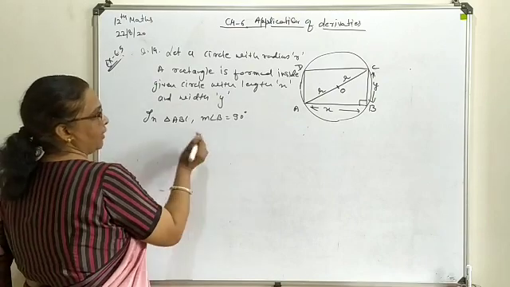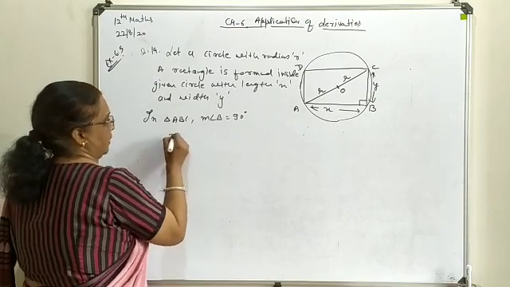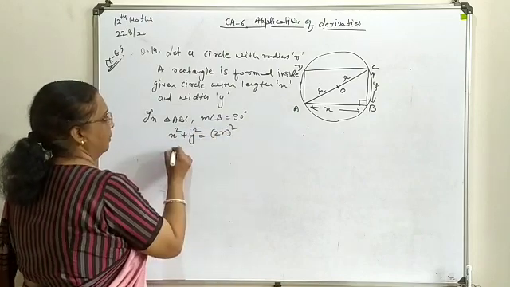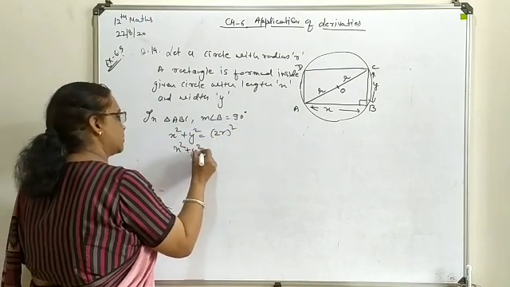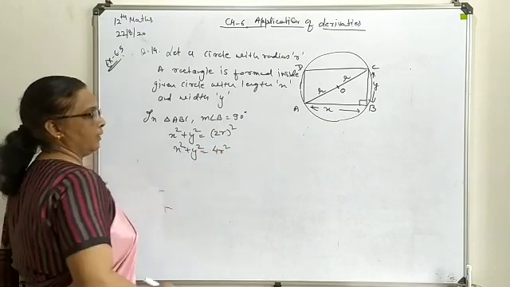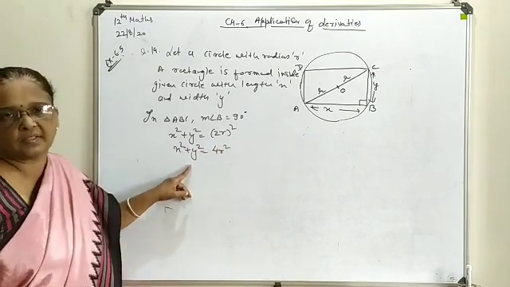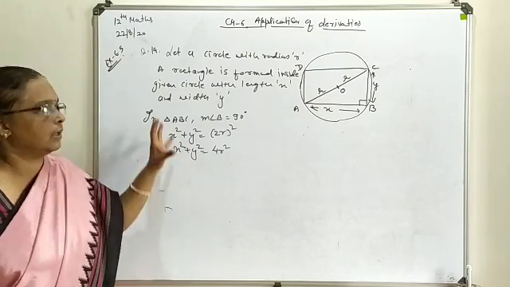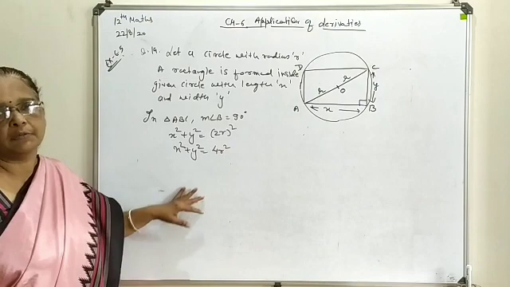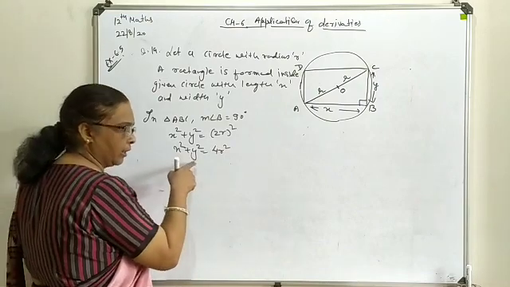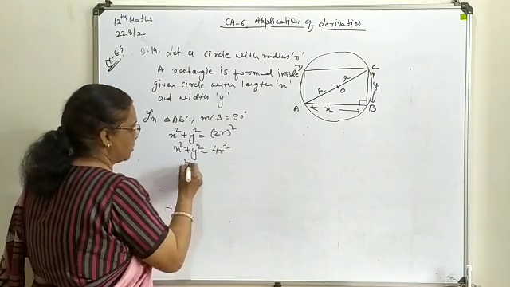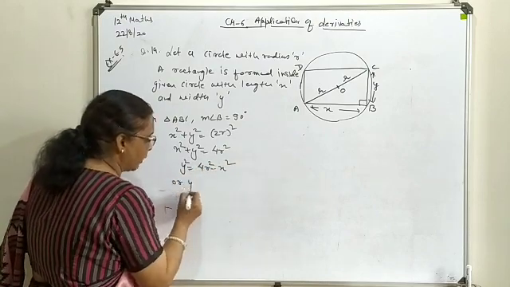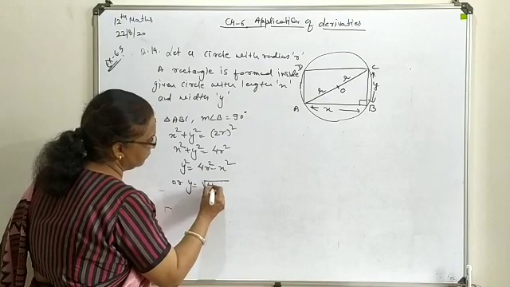So here you can write x square plus y square equals 2r square, meaning x square plus y square equals 4r square. From here we make y separate in terms of x. Here r is a fixed quantity, the radius of the circle is a fixed parameter, so these two are the variables. So y square equals 4r square minus x square, or y equals the square root of that.